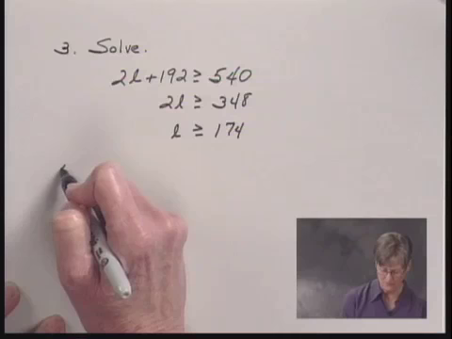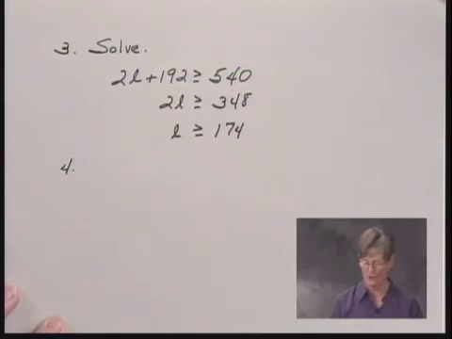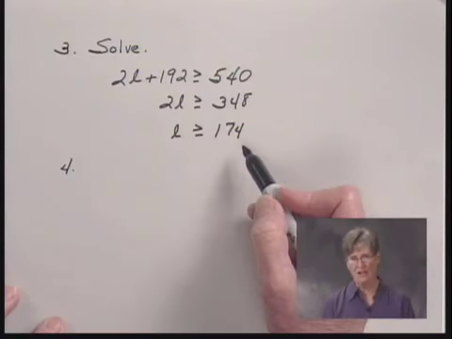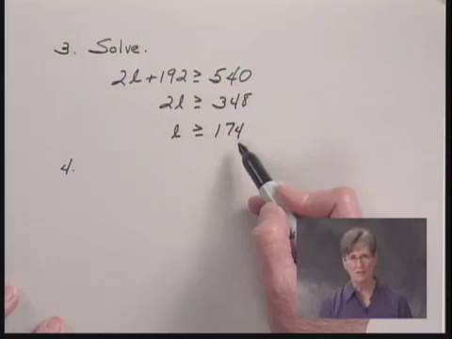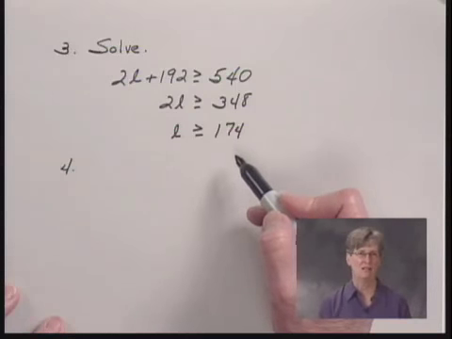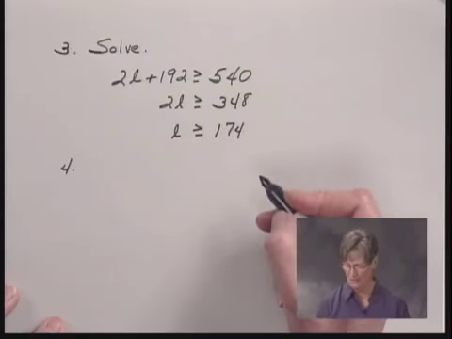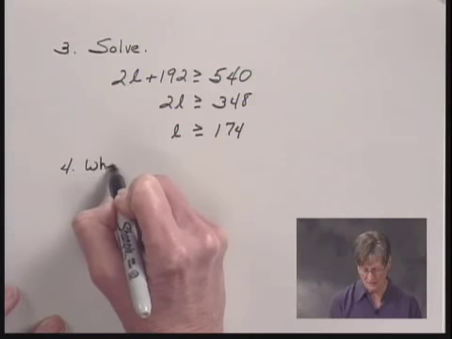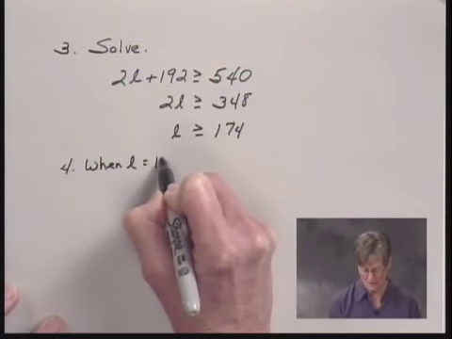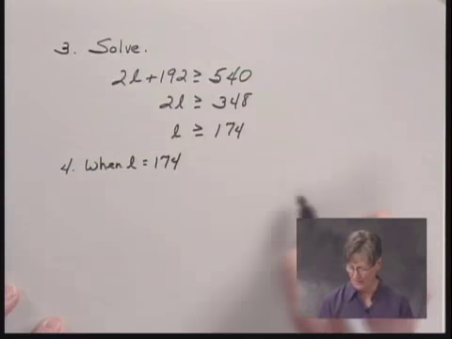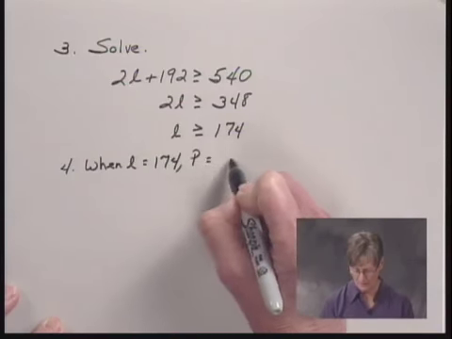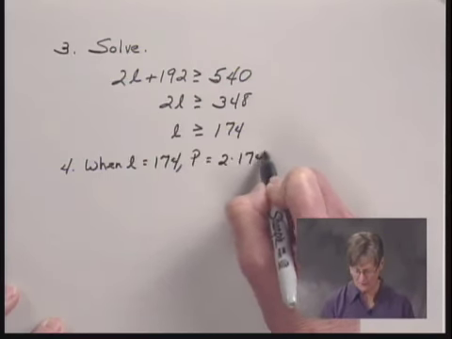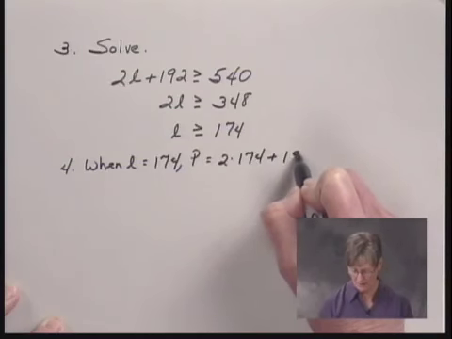Now, this is the solution of the inequality, and the next thing that we need to do is to check to see if this is a solution of the original problem. We can't check every possible solution here because there are an infinite number of them, but we can just do a check to see if the answer that we have seems reasonable. So let's just consider when L is 174, then the perimeter is 2 times 174 plus 192.